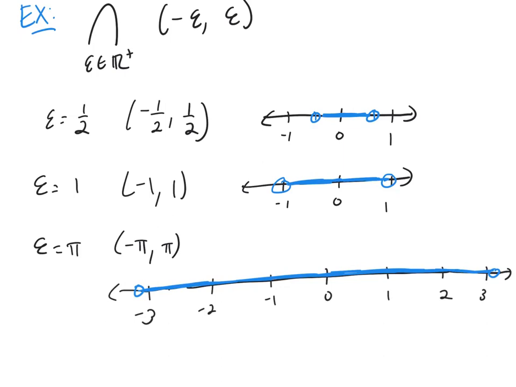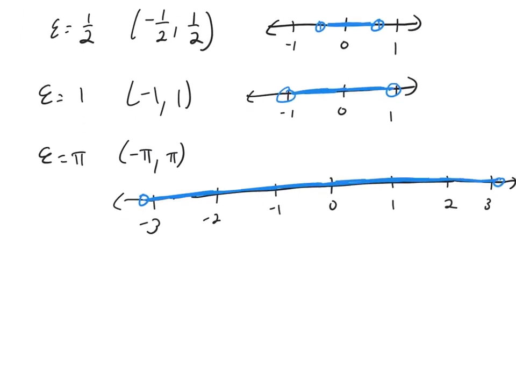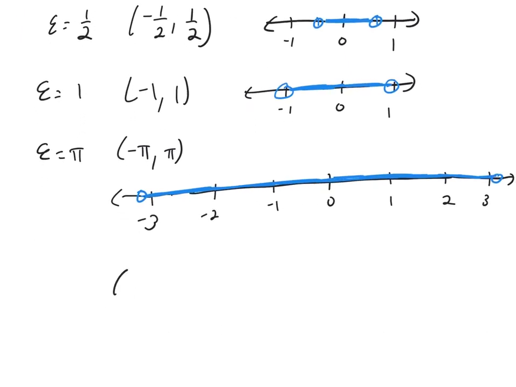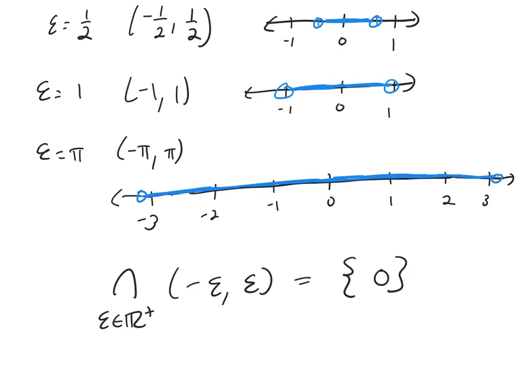And so then you ask yourself, I'm taking an intersection, what do they all have in common? Well, they're all centered about 0, so they all contain 0. So it turns out that this intersection is just going to be 0, and that's it. It's just a single number, and that's my intersection.